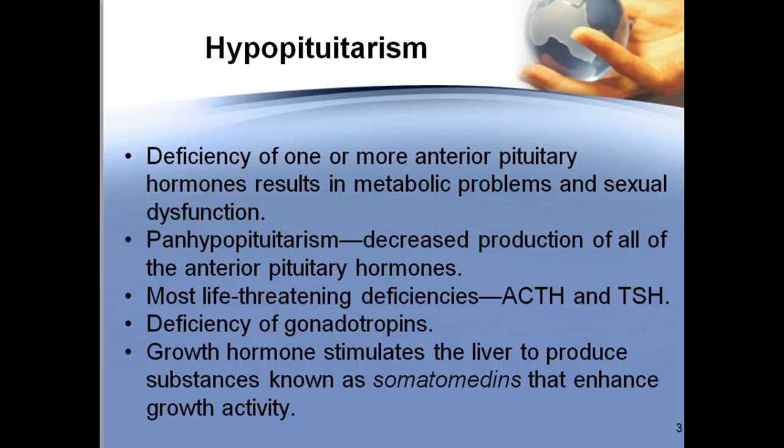They are responsible for a lot of the gonads, and that's the reason why a lot of times you'll see problems with sexual dysfunction when a person has deficiencies or problems with hypopituitarism.